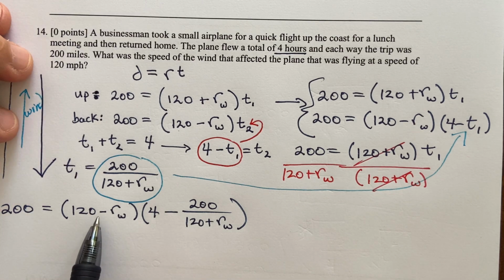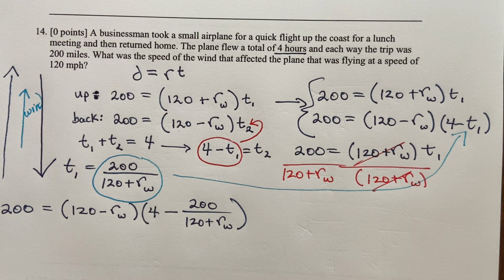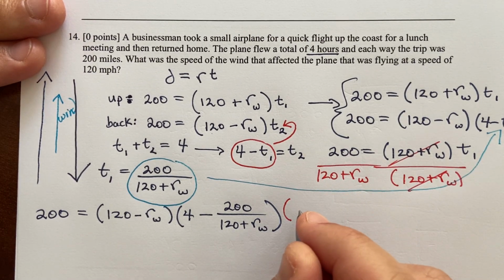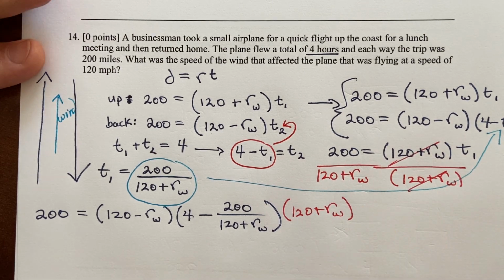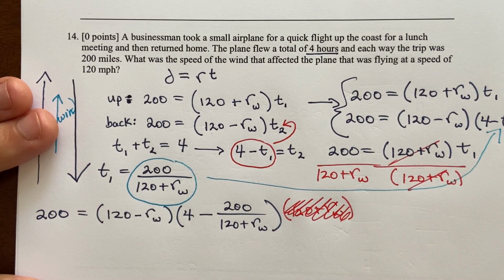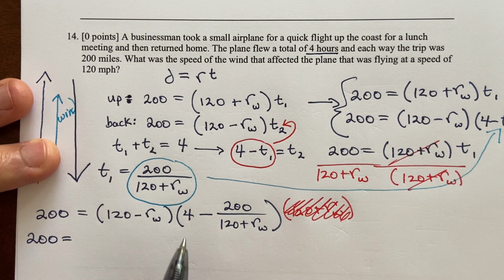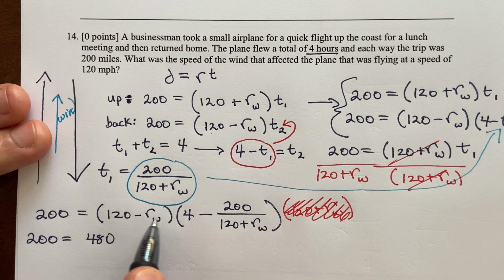So maybe I'll just distribute this piece through. Another thing I could do is multiply both sides by 120 plus R sub W. You know what? I'm having second thoughts about that. So let's just FOIL this out. 200 equals 120 times 4 is 480. I'm taking this times that to get 480.